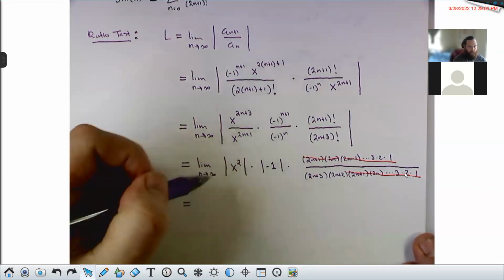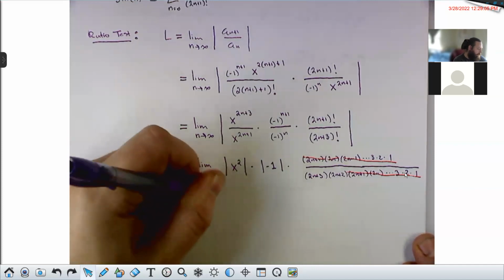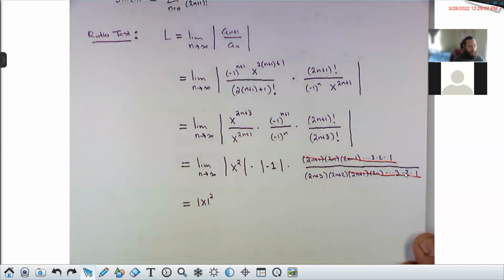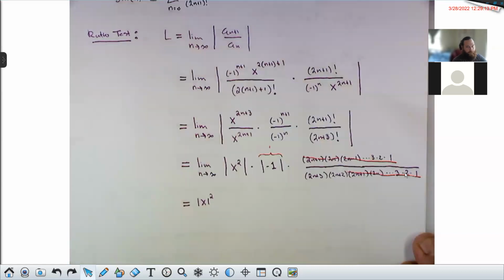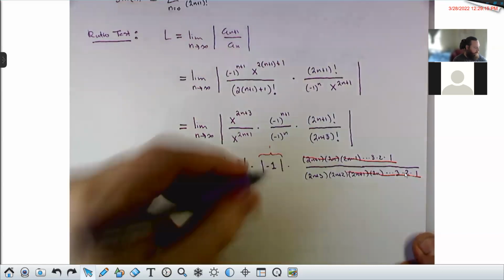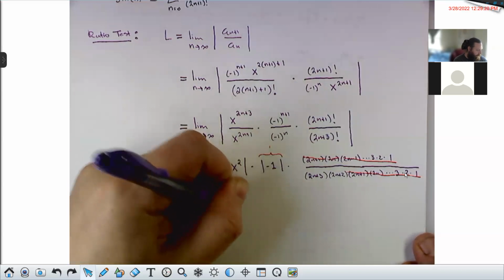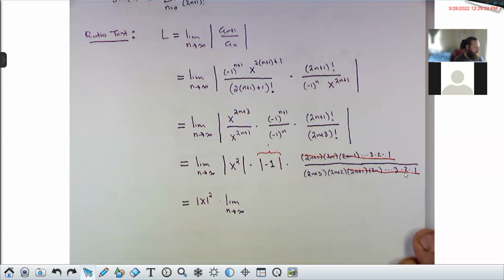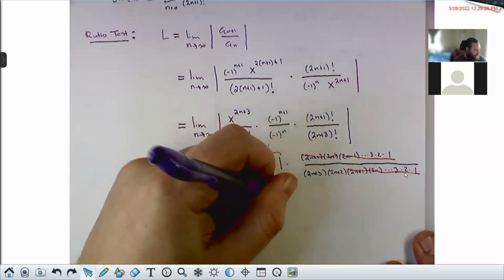The absolute value of x squared doesn't have any n's in it. I can pop that out, and I can also pop the square out of the absolute values. The absolute value of negative 1 is just 1. So this piece is gone. Multiplying by 1 doesn't do anything. So what's left here is the absolute value of x squared times the limit as n goes to infinity. All this stuff canceled, so my numerator is now 1.